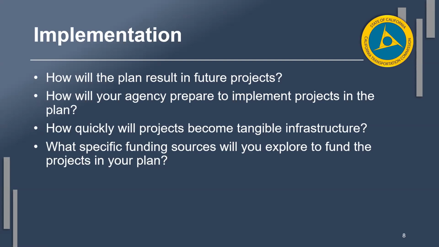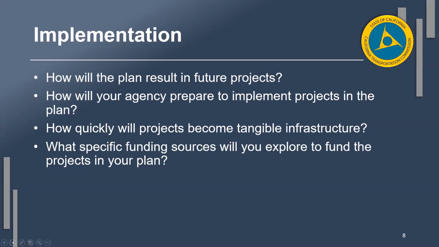Will you adopt supportive policies or program projects into the regional transportation plan? How will you quickly translate the projects and programs identified in the plan to be tangible programs and infrastructure, as well as identifying any specific funding sources aside from ATP funds that would be available to fund the implementation of infrastructure projects or non-infrastructure programs identified in your plan.